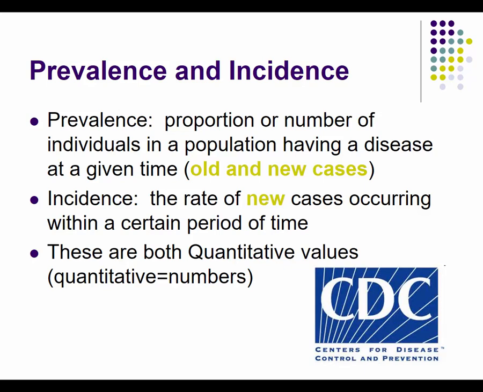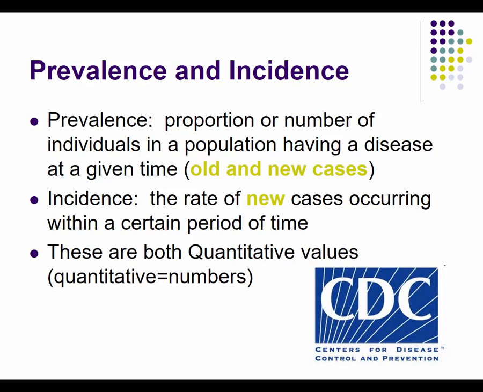Prevalence is the number or the proportion of the population that has a disease at any given time. We could take a non-perio example if it helps. This would be the number of people in the United States, or the percentage of the population in the United States, who has AIDS. That's prevalence. It's just, at any given time, how many cases do we have?